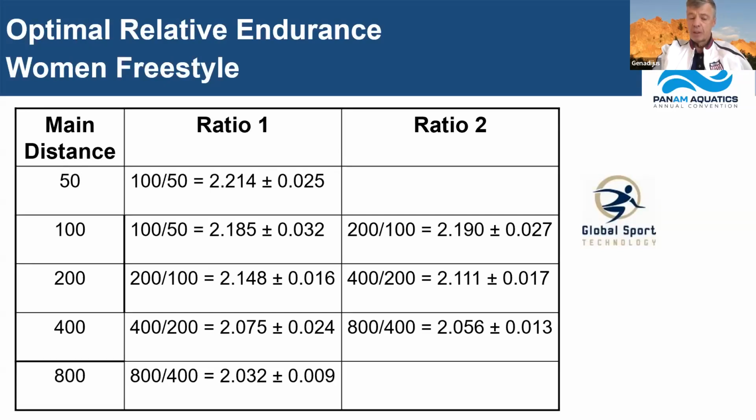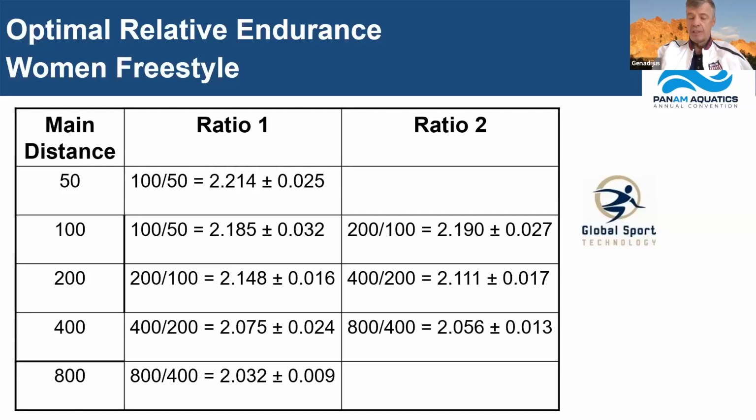And as a result, their ratios are slightly lower across the board if you compare with male swimmers. For example, the 50 ratio, as I said, for male swimmers was 2.267. For female swimmers, the best sprinters in the world for 50, the ratio is 2.214.